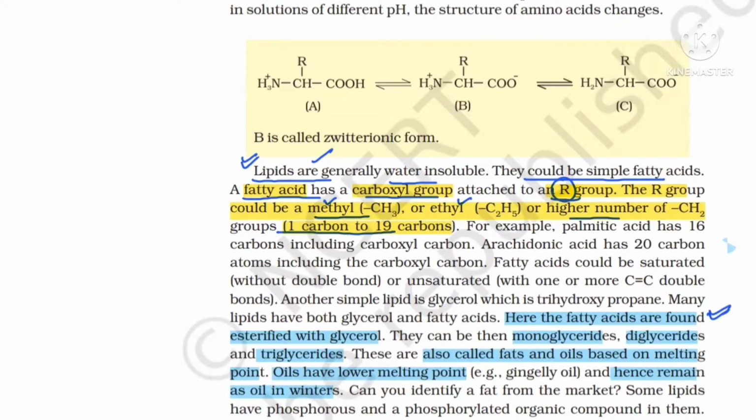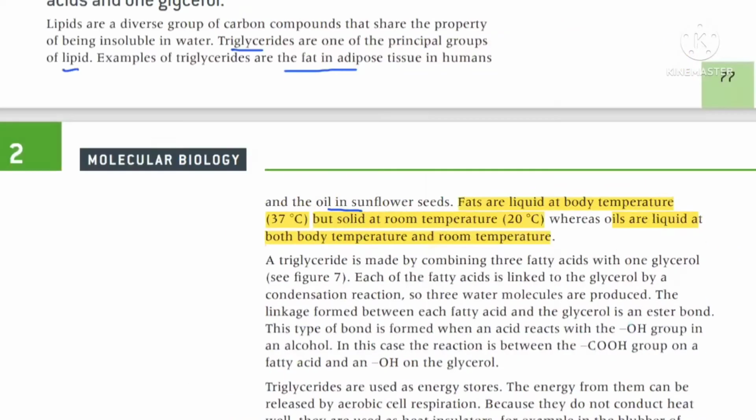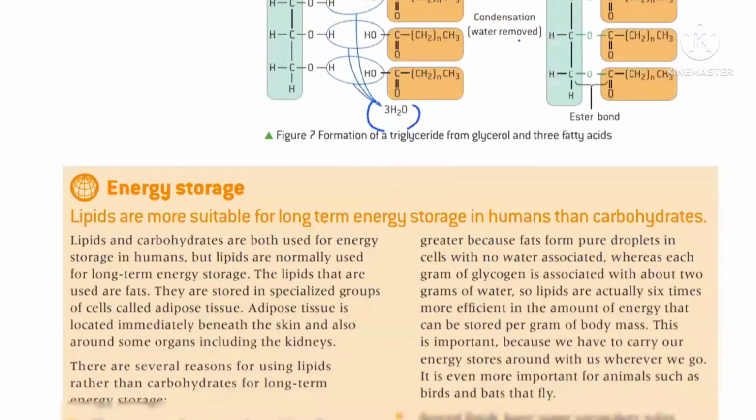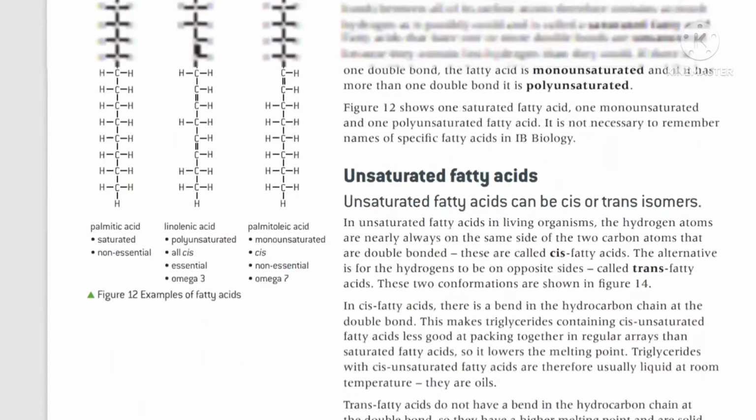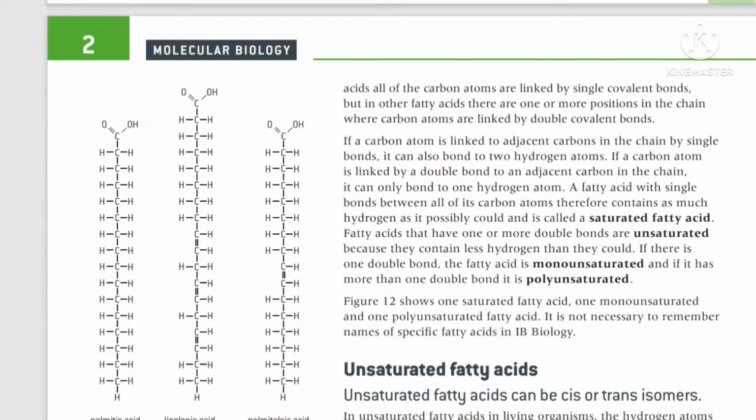Now, how many types of fatty acids are there? Fatty acids are classified into 2 categories based on whether they have saturated bonds only or unsaturated bonds. For this, I will show you this diagram. See, this is a fatty acid. One example of a fatty acid is palmitic acid. It is a saturated fatty acid.